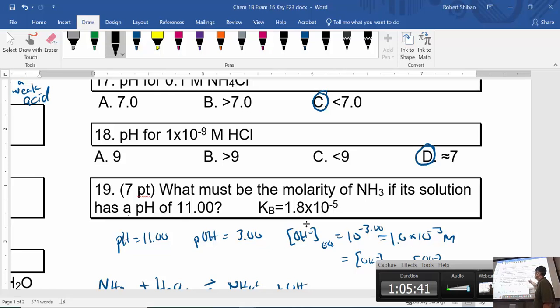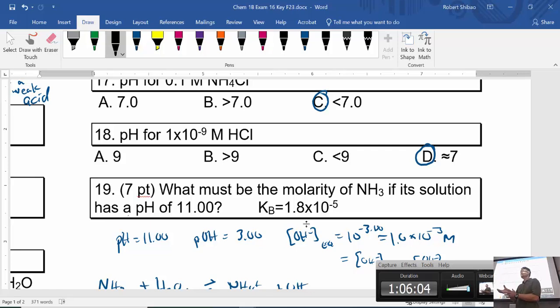19, what must be the molarity of ammonia if its solution has a pH of 11? A couple of things for this question. If you have a bottle that's labeled 6 molar ammonia, is that 6 molar the initial ammonia concentration, what they dumped in there, or the equilibrium concentration? It's the initial.